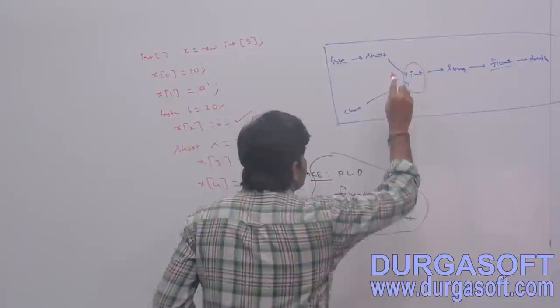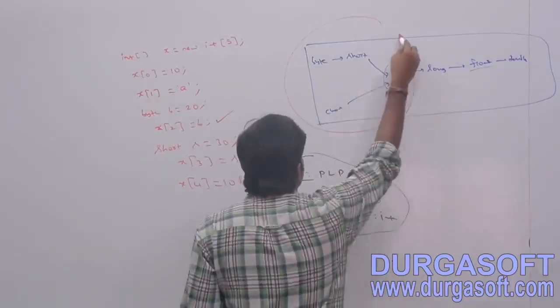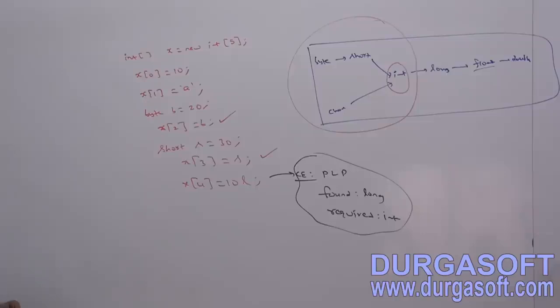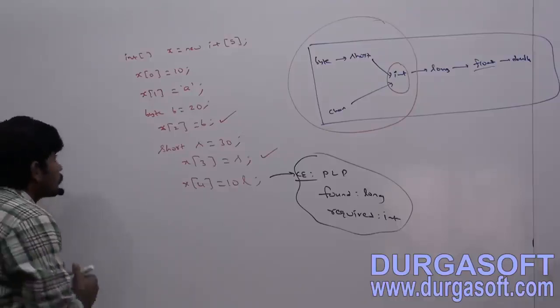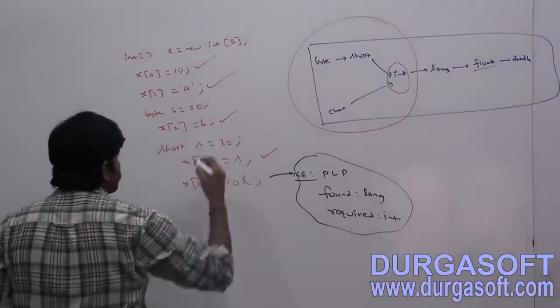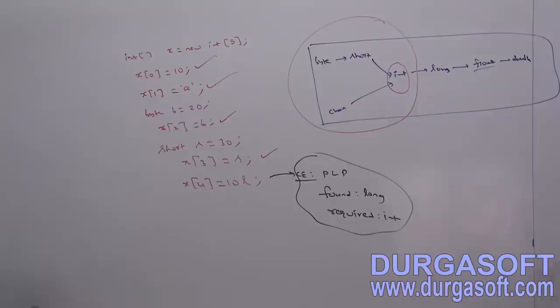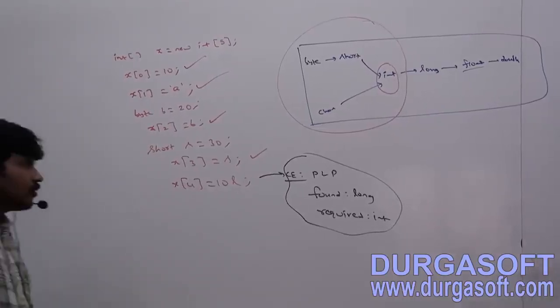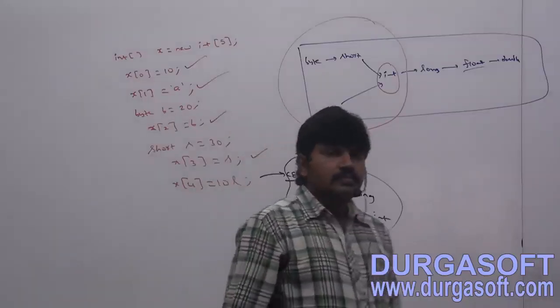Because it is the int type, these 4 things are allowed. If it is the float type, you know, take that diagram also. Char is allowed, int is allowed, byte is allowed, short is allowed.